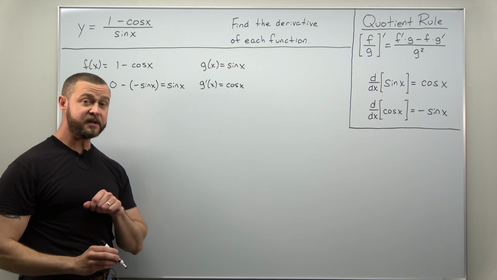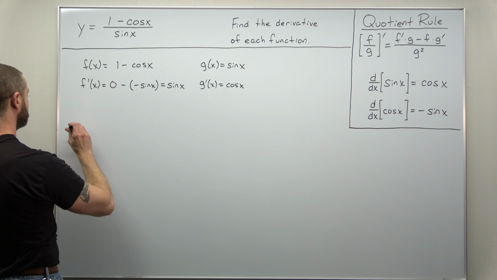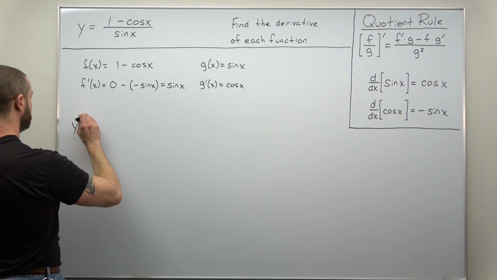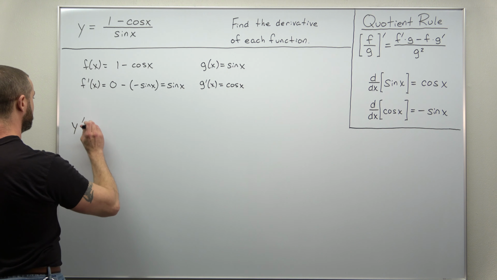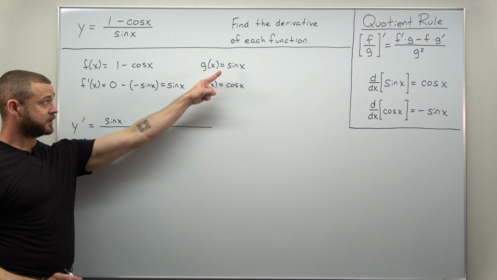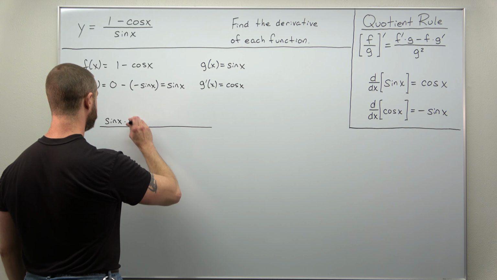And now we just put our pieces back together. So our function was y. We'll be putting them back together to get y prime. And if we just combine our pieces, the first part we have f prime, which we simplified to just sine of x. So it's f prime times g, sine of x, times sine of x.